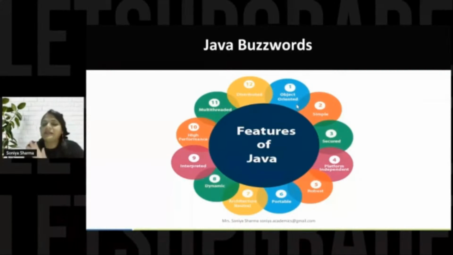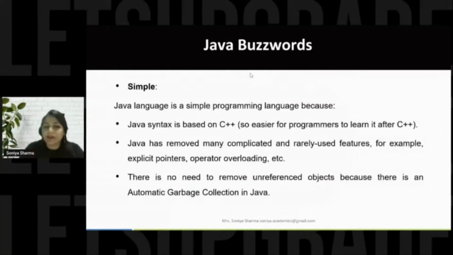It's a simple language because its syntax is inherited from C and C++. Secured, platform independent. Let's just quickly go through. Simple because its syntax is inherited from the previous languages. And even if you're not aware, yes, Java is case sensitive.